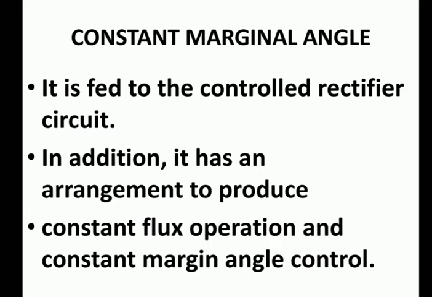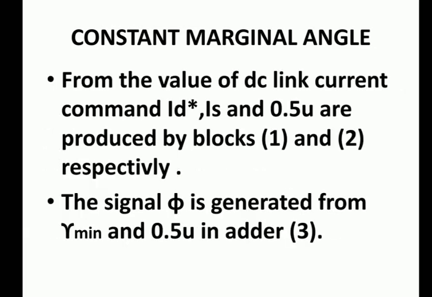In addition, it has an arrangement to produce constant flux operation and constant margin angle control. So from the value of DC link current command ID asterisk, IS and 0.5 U are produced by blocks 1 and 2 respectively.